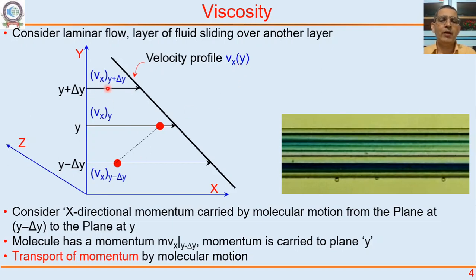Now imagine that this is not a liquid, but that this fluid is a gas. Recall from your kinetic theory that gases have a random thermal motion. So we are looking at two kinds of motion.